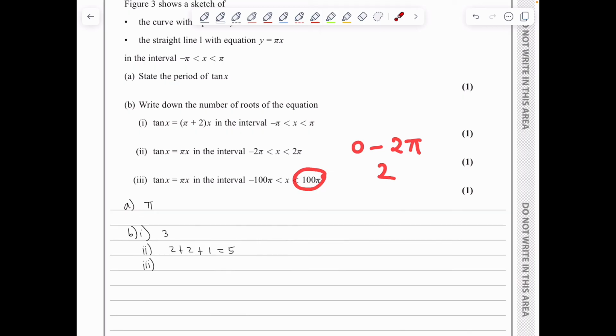And another 50 times 2 solutions from negative 100 pi up to 0. So 50 times 2 is the number of solutions from 0 to 100 pi, 50 times 2 is the number of solutions from minus 100 pi up to 0, and you've got that extra solution at the origin exactly, leading to 201 solutions in total.